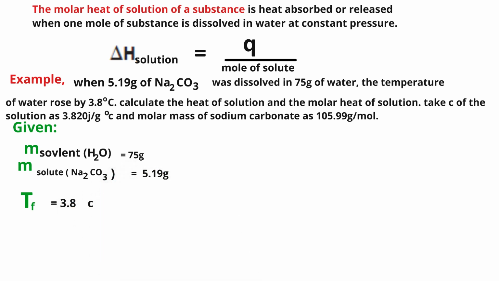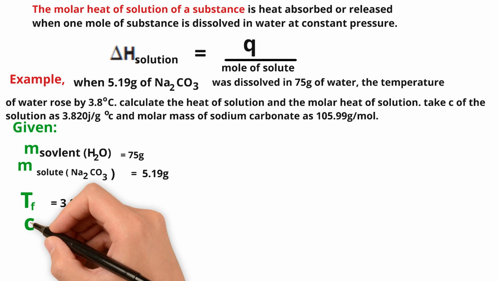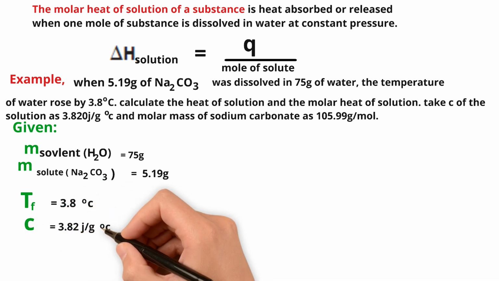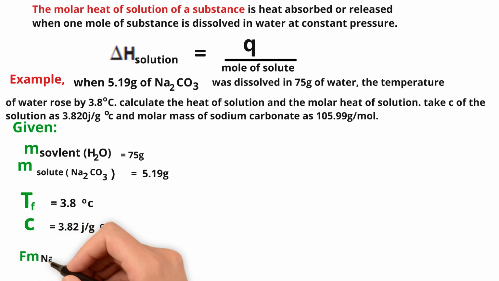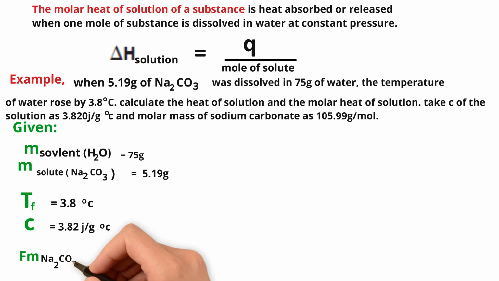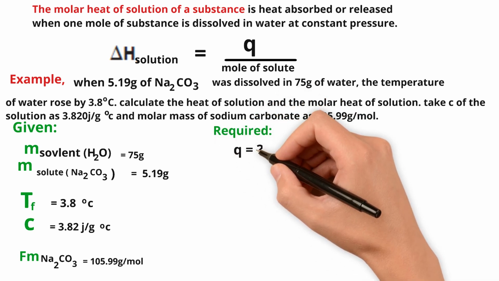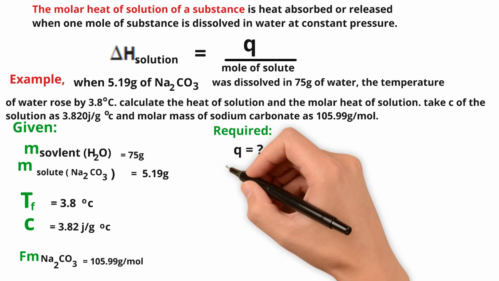And the other given is specific heat of a solution, which is equal to 3.82 joule per gram degree Celsius. Formula mass of sodium carbonate is equal to 105.99 gram per mole. Required: calculate heat of a solution. The second required: calculate molar heat of a solution.